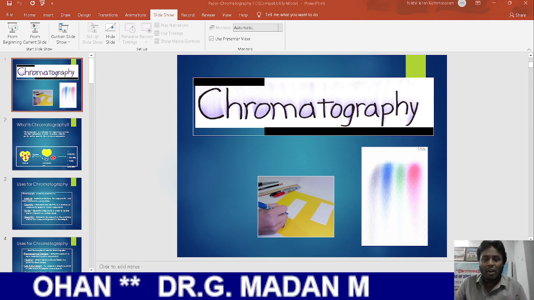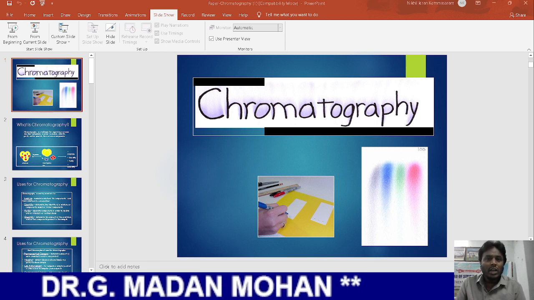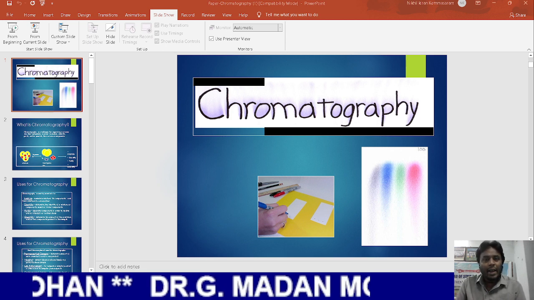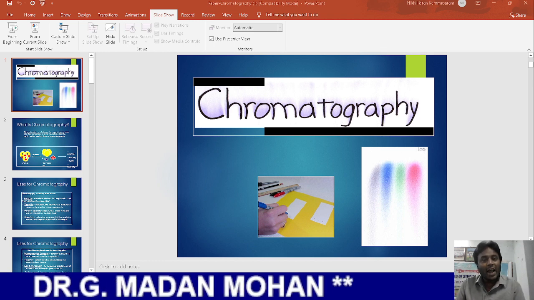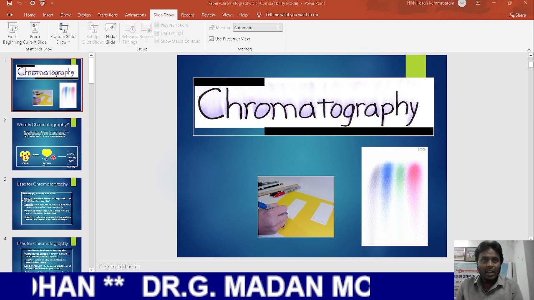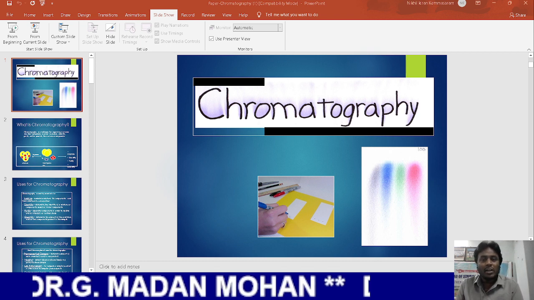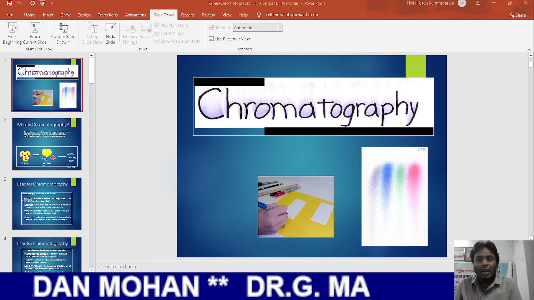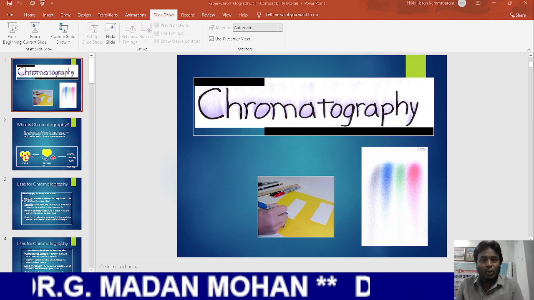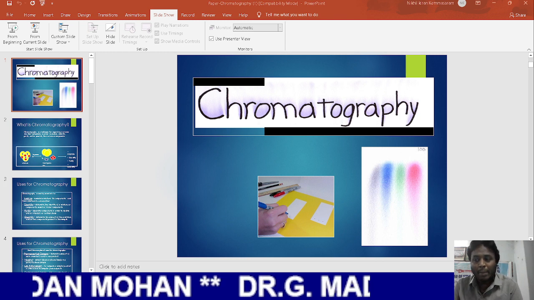Paper chromatography is a type of partition chromatography. Why? Because here a solvent, that is a liquid, acts as the mobile phase and a liquid acts as the stationary phase. As the mobile phase and stationary phase are both liquids, it comes under partition chromatography. As we use paper as a supporting medium, this chromatography is commonly called paper chromatography.